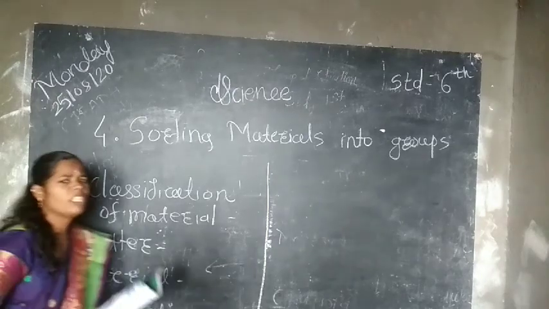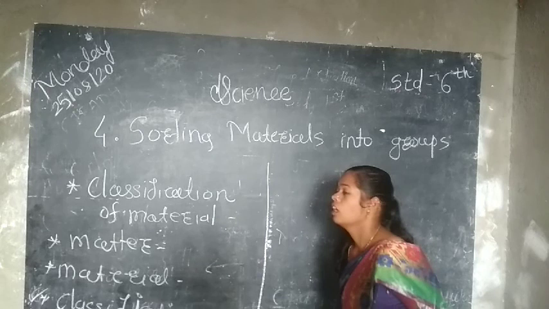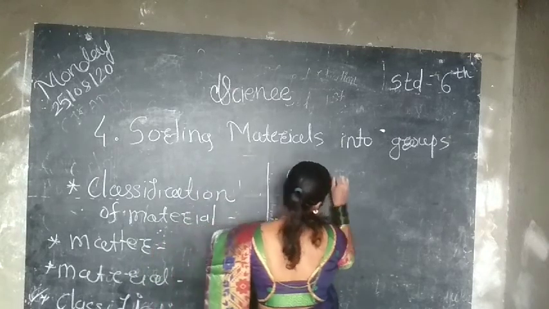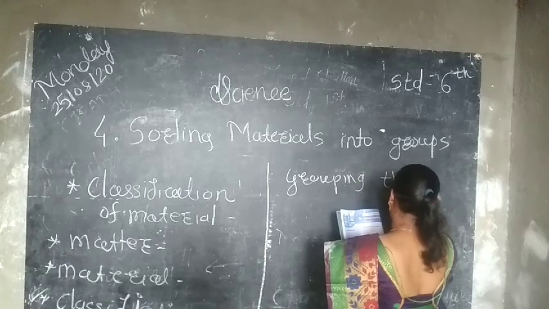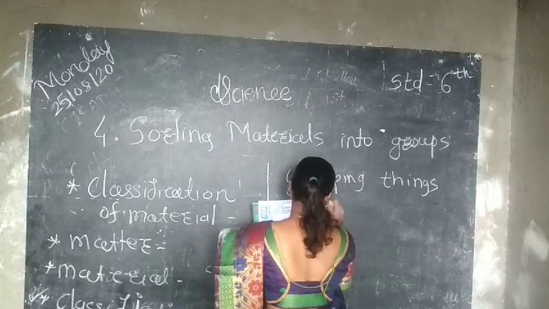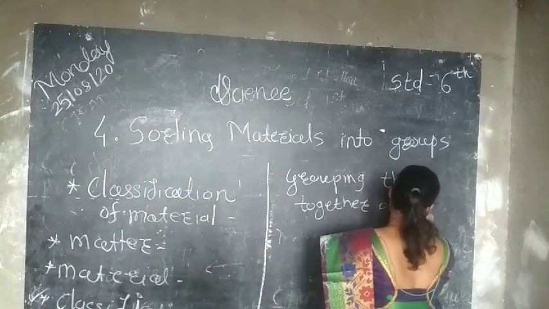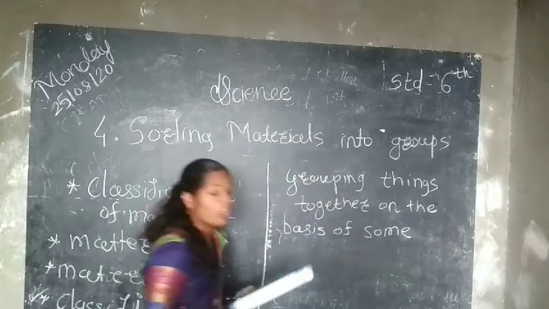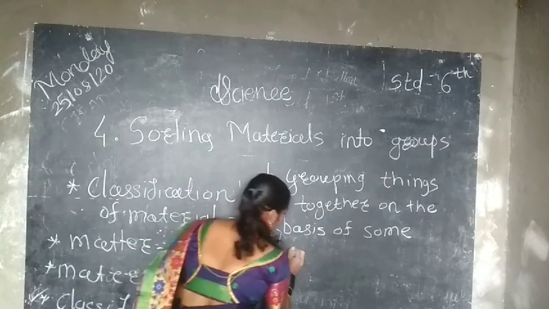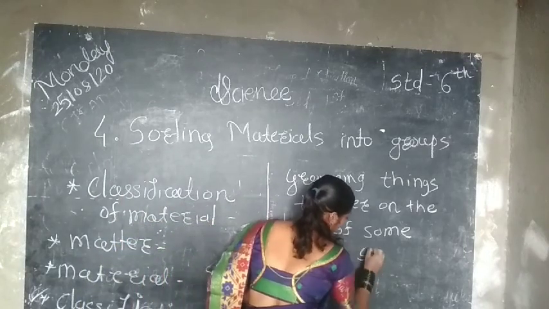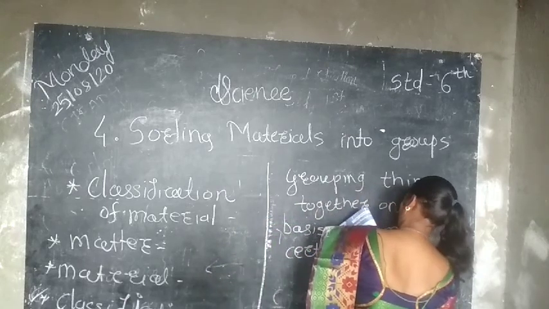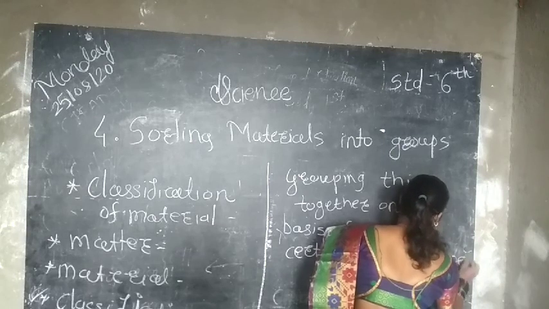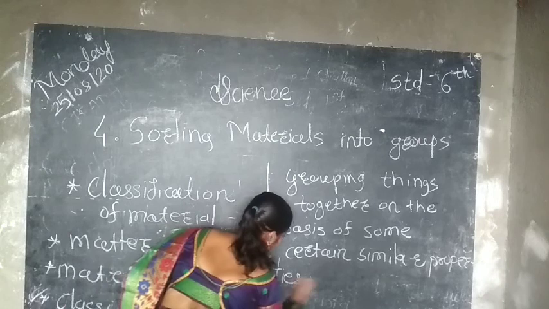First, classification. What is meant by classification? Grouping things together on the basis of some criteria, or some certain characters, certain similarities, some similar properties is classification.